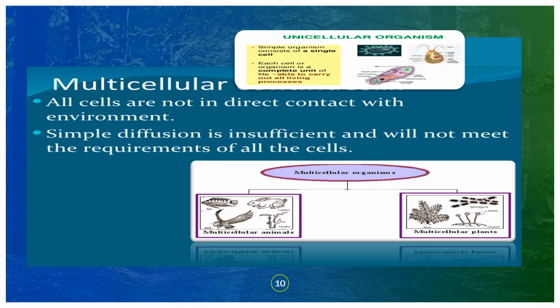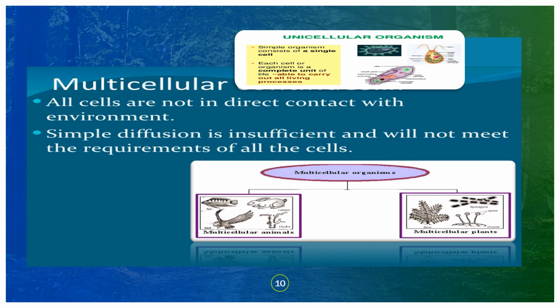Here diagram is showing some unicellular organisms, that is amoeba is there, paramecium is there. Okay, so these are your unicellular organisms. Uni means one and cellular means cell. So those which have single cell are known as unicellular. And now the single cell only performs every function. Single cell will eat, single cell will digest, that will excrete, that will respire, that will reproduce. Everything is done by that single cell.